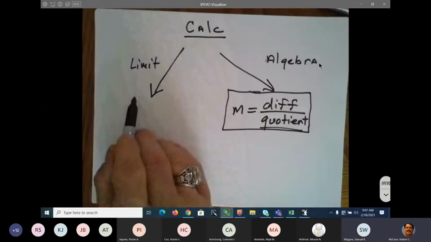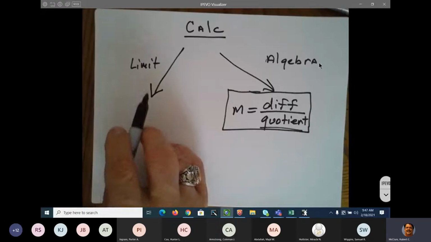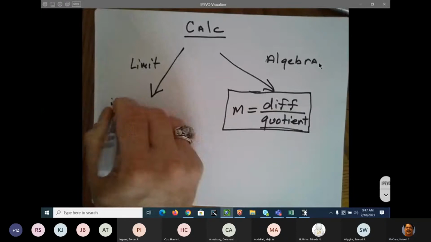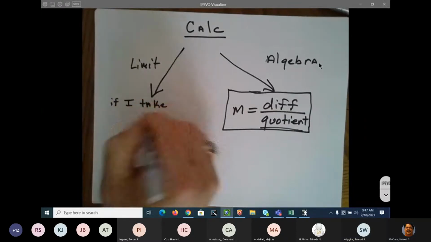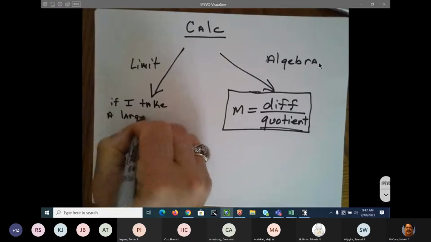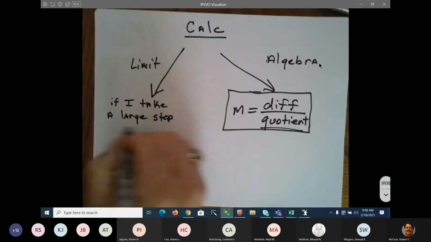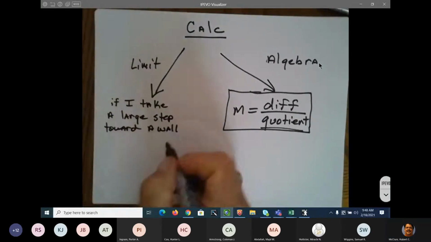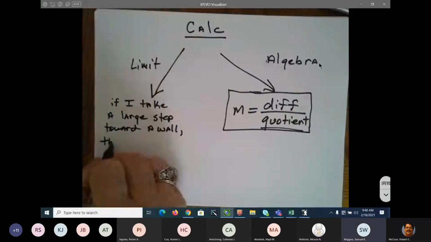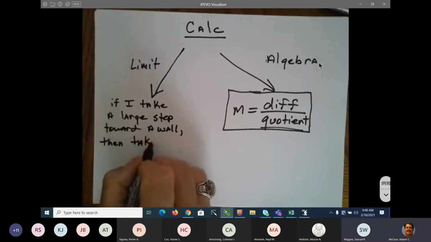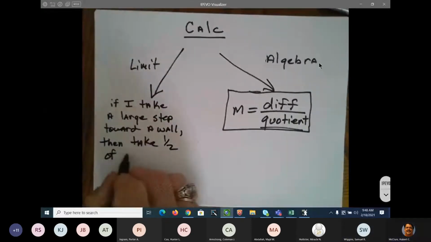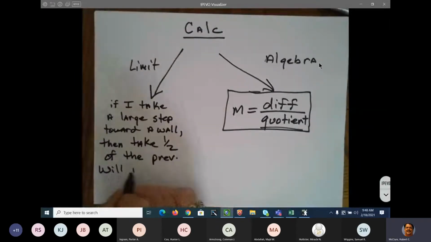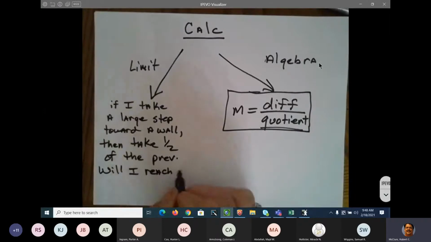Now the limit theory basically says this, and I want you to listen to what I'm going to write down. If I take a large step toward a wall, then take half of the previous step, will I reach the wall?